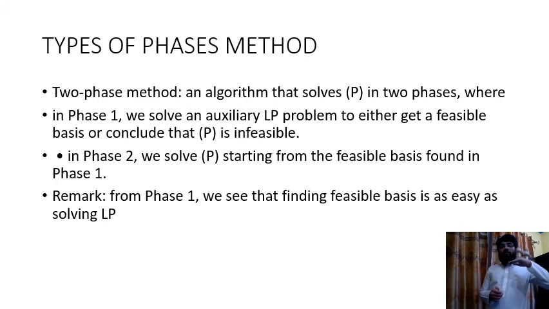Then in phase 2, we solve starting from the feasible basis. If the programming problems are created, then we re-check it again to see whether we find the problems or not. Here is a second remark. From phase 1, we see that finding a feasible basis is as easy as solving a linear program.